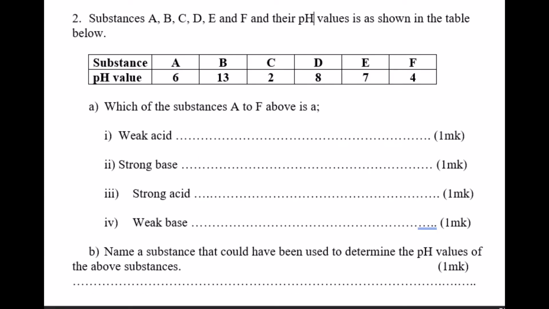Question 2, you have a table of pH values of solutions A, B, C, D, E, and F. Then you select the solution that has a pH corresponding to a weak acid, then a strong base, then a strong acid, then a weak base. Part B, you name the substance that was used to determine the pH values given on the table.